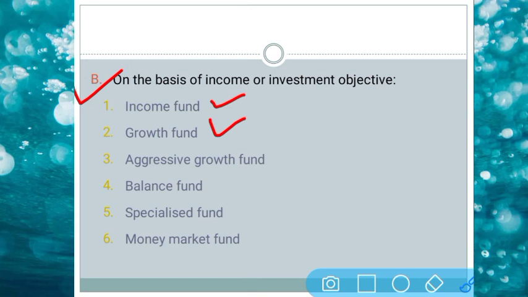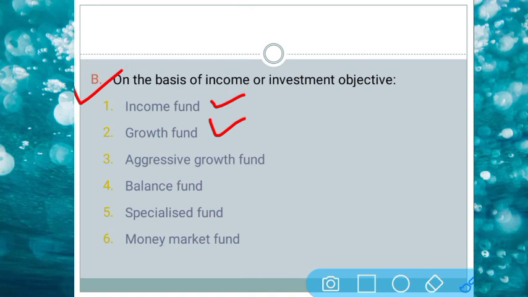The amount collected through this fund is invested majorly in the equity segment of the share market. Equity shares do not give a regular income, but investment in equity shares ultimately leads to an increase in the capital of the investment. Hence, those investors who want capital appreciation, want to increase their net worth, are the investors who invest in growth funds.